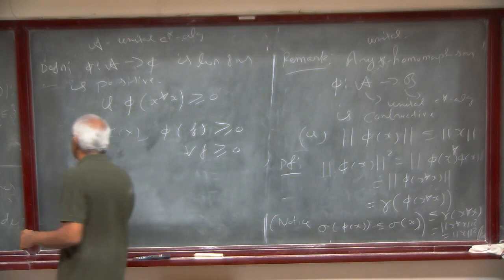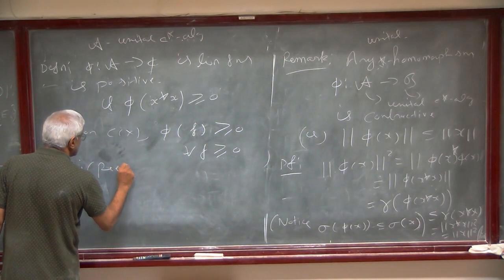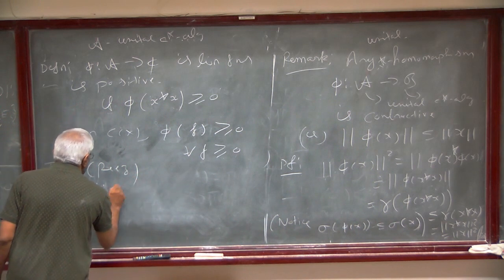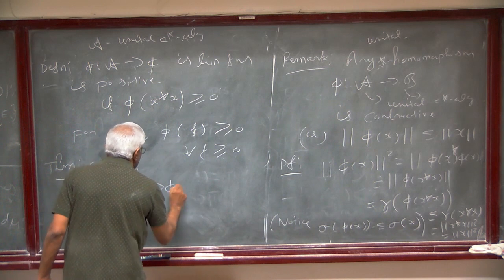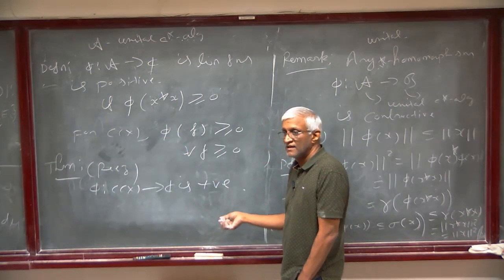So the Riesz representation theorem is the following. Let phi from C(X) to C be positive, a complex linear functional.